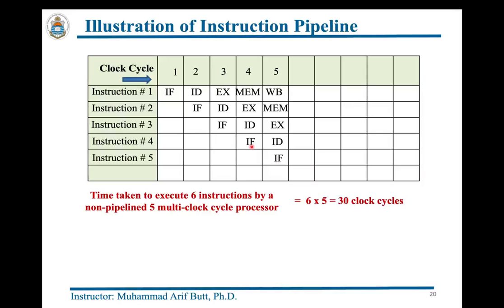My dear students, since this is a 5-stage pipeline, you can observe that after this 5th cycle, this instruction 1 gets completely executed. So first instruction completes at clock cycle 5. Note that at clock cycle 6, instruction 2 is completely executed.